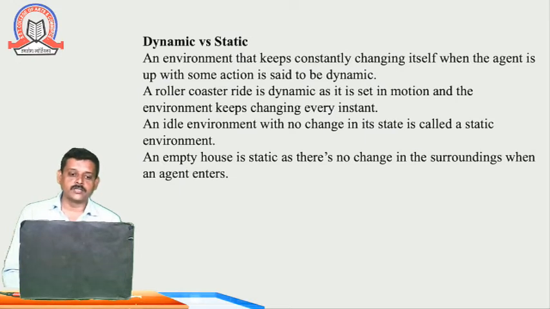And if we consider an ideal environment with no changes in its state, it is known as a static environment. For example, an empty house has no change in its surroundings, so it will be static. For a vacuum cleaner, that room or that house will be a static environment.